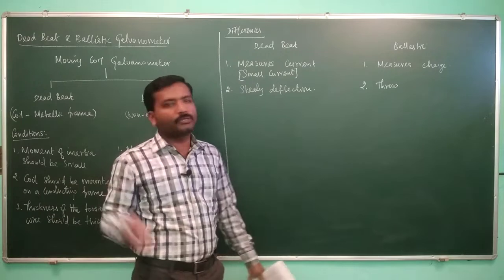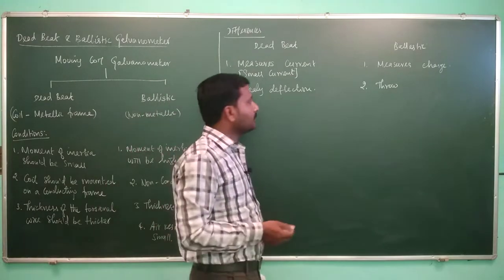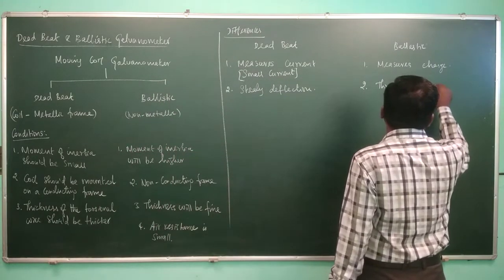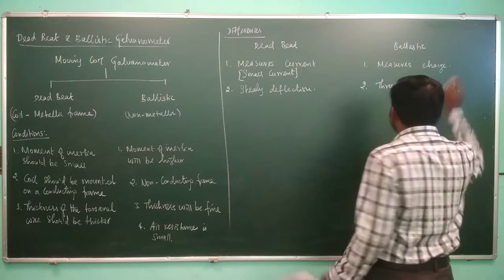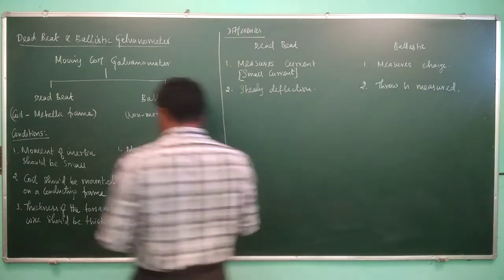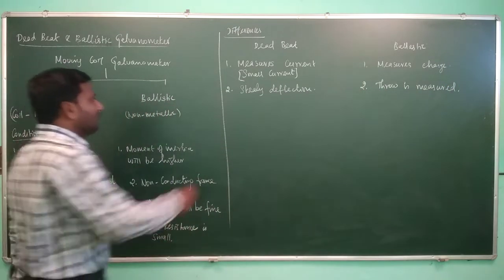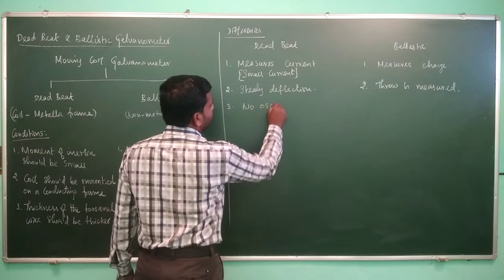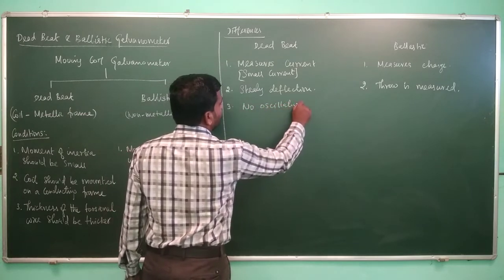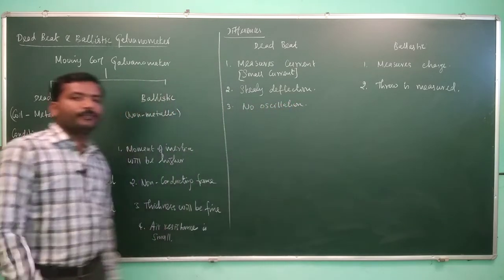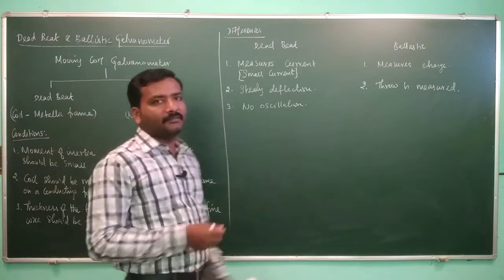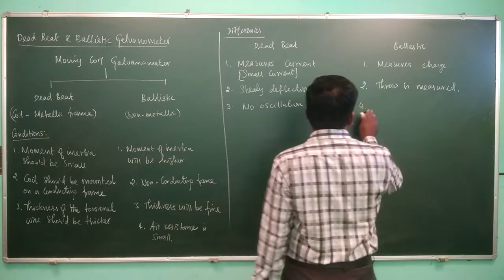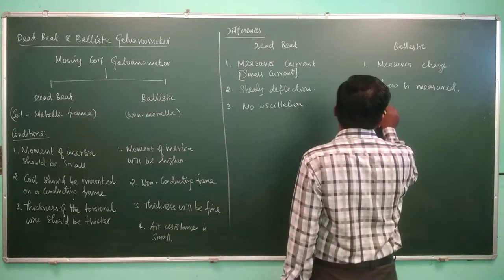The maximum throw is measured, from which we make the calculation. After the steady deflection, there is no oscillation here. Once you remove the current, the spot of the light will come back to zero. Whereas here there exists an oscillation.